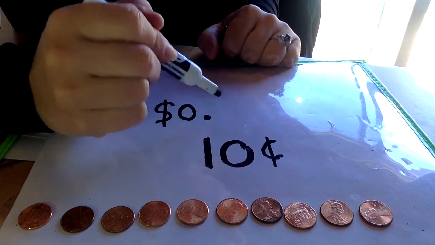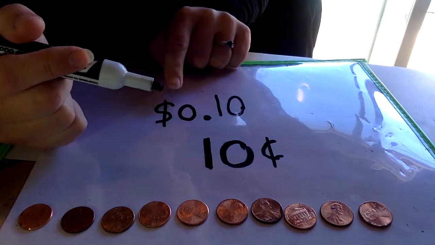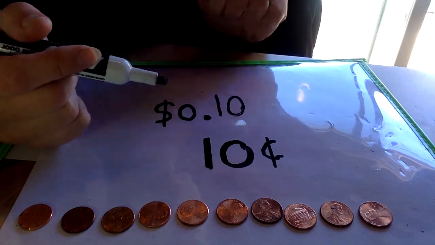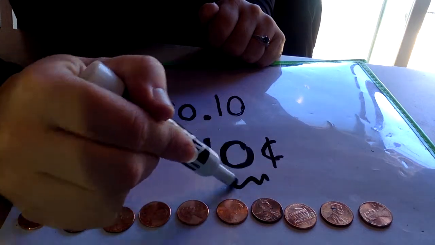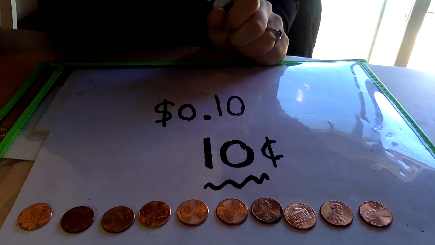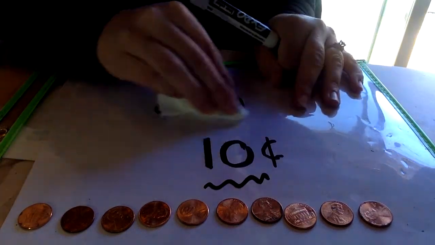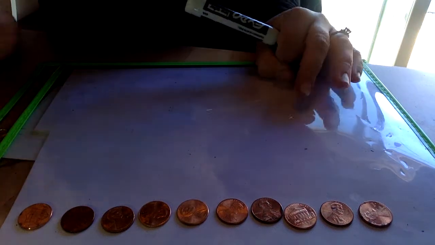Looks like a period though, huh? 10 cents. So that says $0 and 10 cents. So that's another way of doing it. I think the easier way when we just have cents is this way with the C with a line through it. So 10 cents. Good job, friends. All right, if you have 10 cents, you can lay it out too and count your pennies.